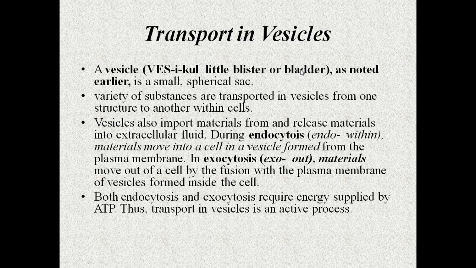These vesicles are present in the cytosol. They are small, round, spherical sacs called blisters or bladders. A variety of substances are transported in vesicles from one structure to another within the cell, by processes called endocytosis and exocytosis.